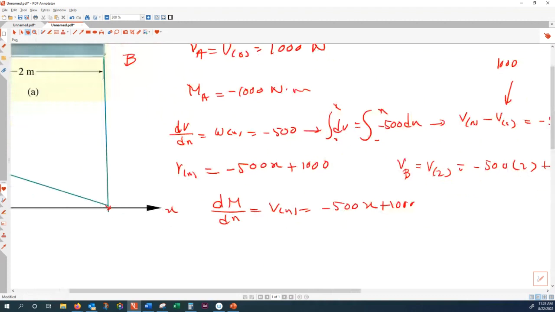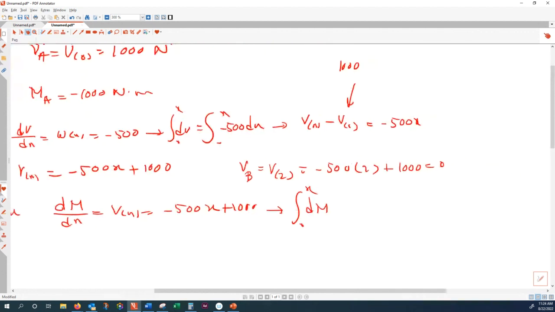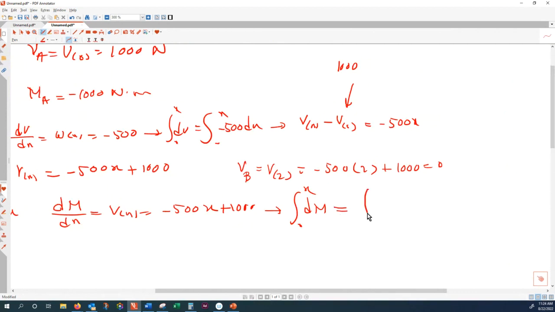And if I solve this integral, that gives me the integral of dM between 0 and x, equal to the integral of this guy over here. So the integral is minus 500 divided by 2 x squared plus 1000x, evaluated between x and 0.